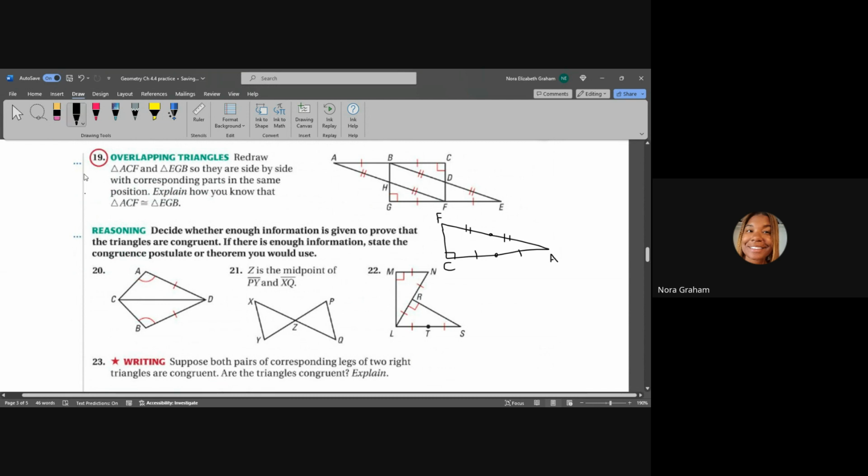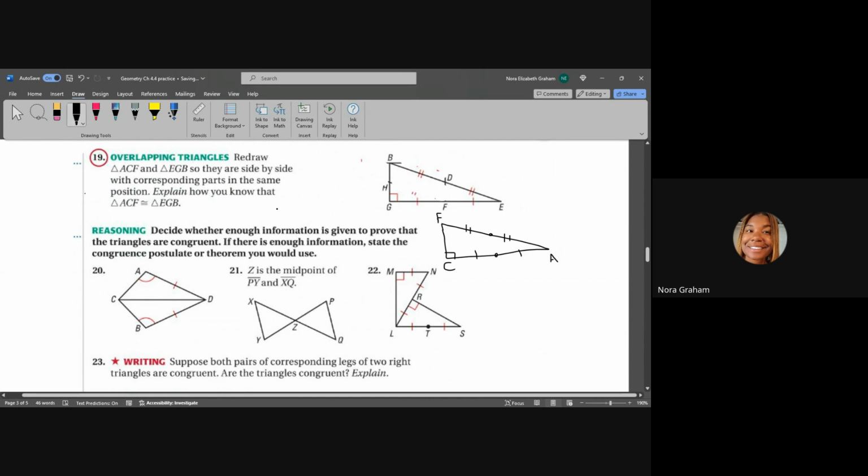And then instead of drawing a whole other triangle, bear with me, I'm just going to erase and block this one out. Okay. All right. And then we should have our two triangles. All right, that's good enough.